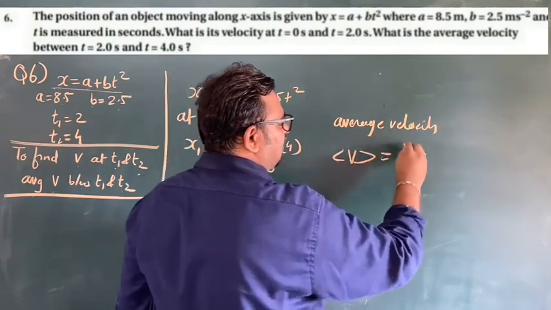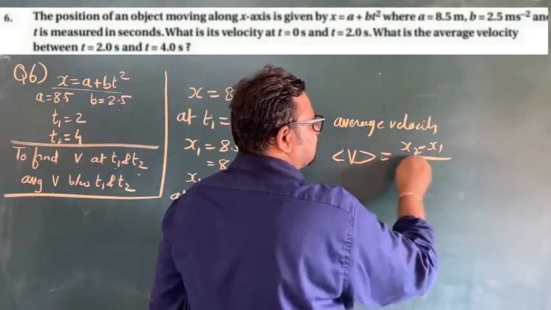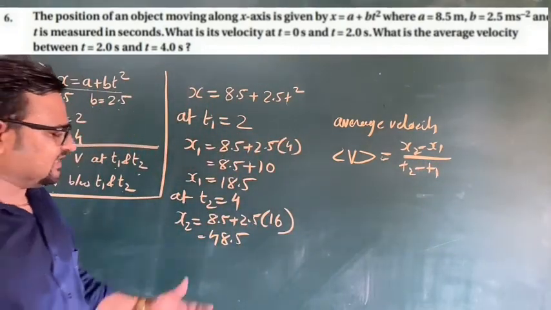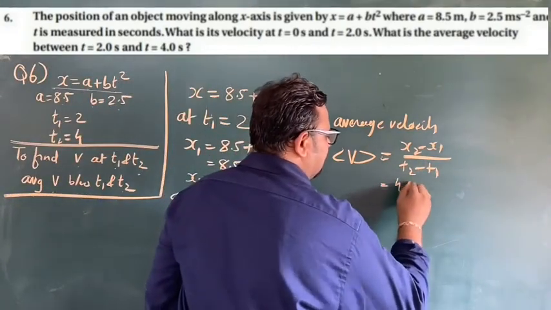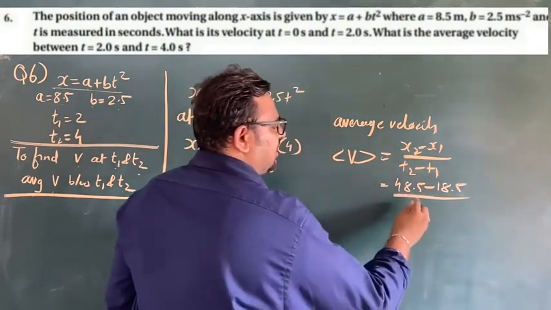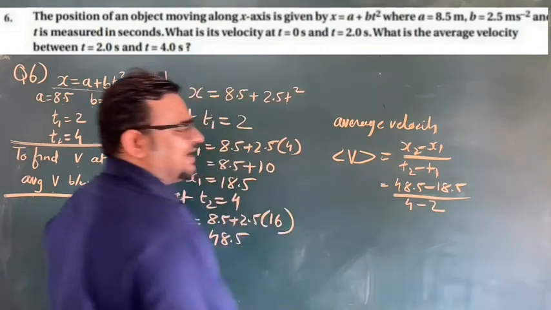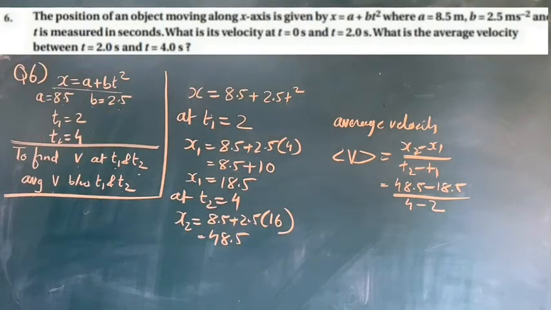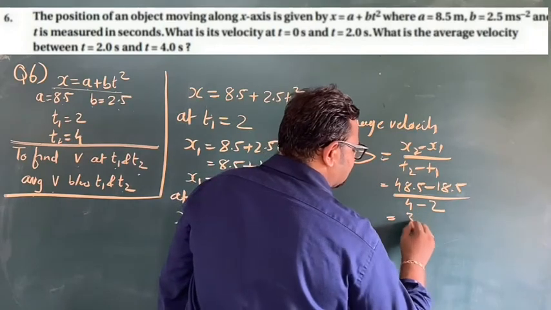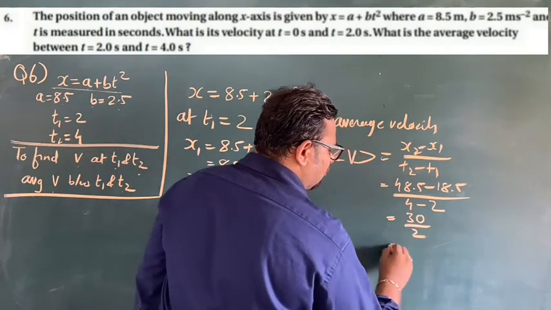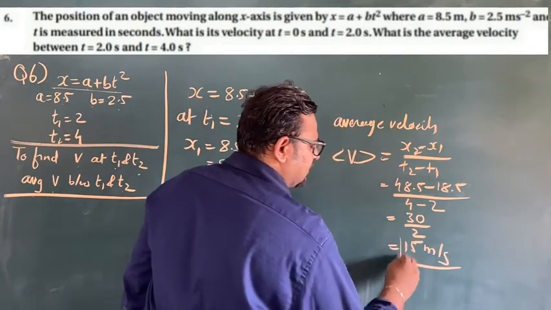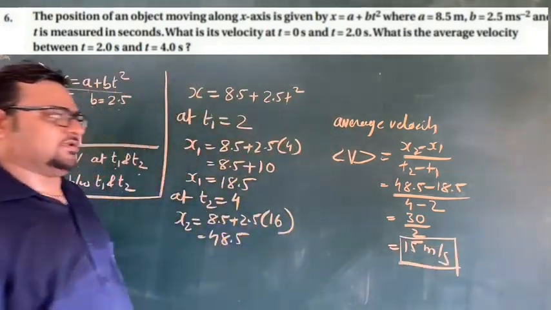So now average velocity v will be equal to x2 minus x1 upon t2 minus t1. What is x2? 48.5 minus 18.5 upon t2 is 4 minus 2. 48.5 minus 18.5 is equal to 30, divided by 2. This is equal to 15 meter per second.